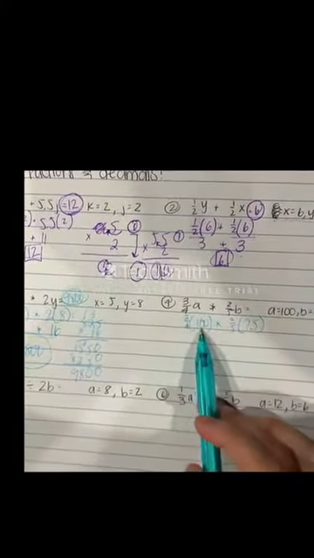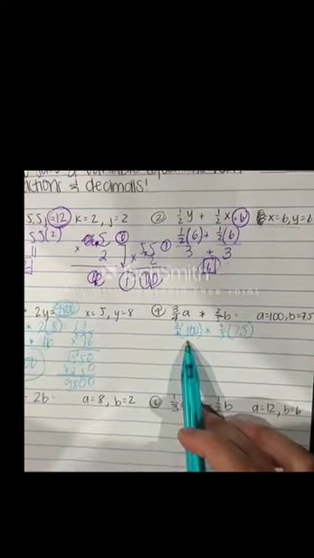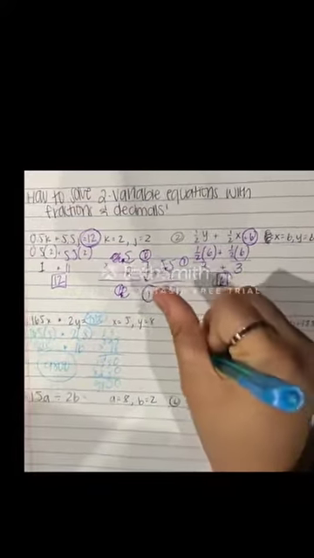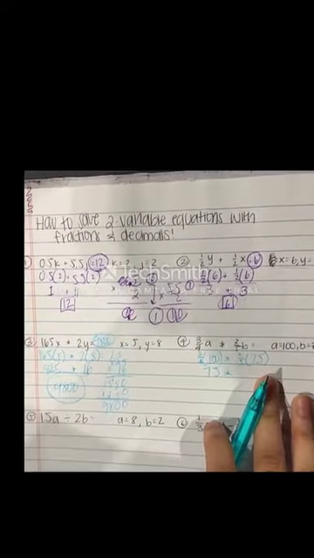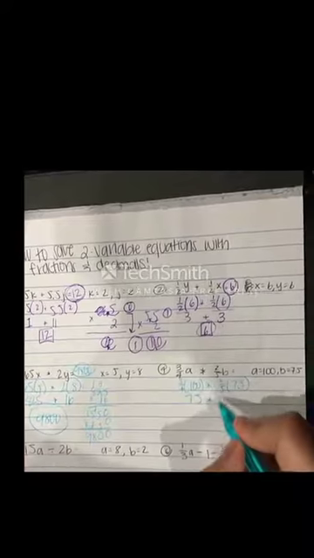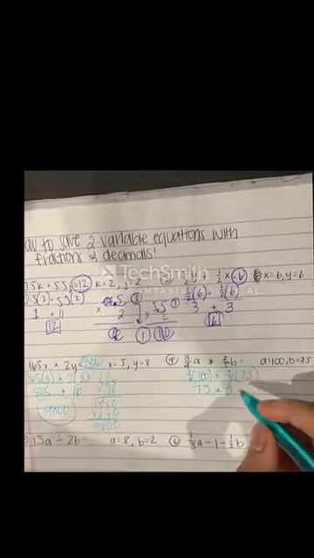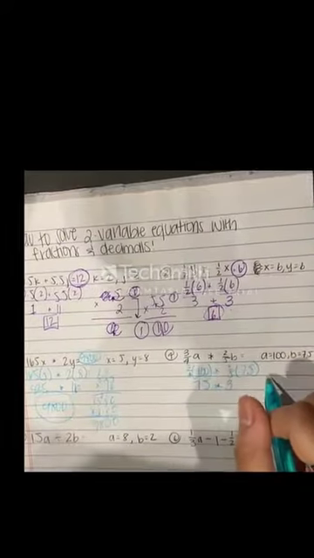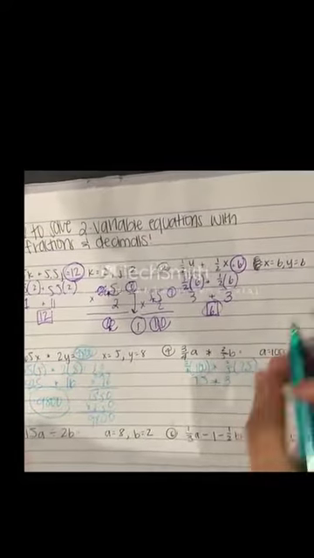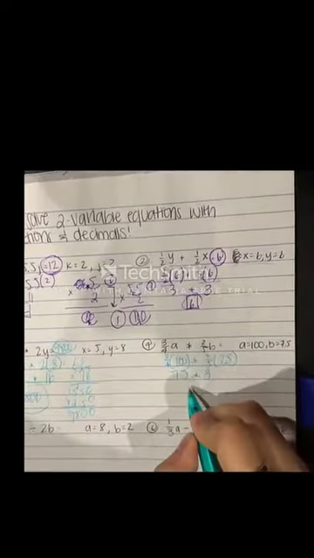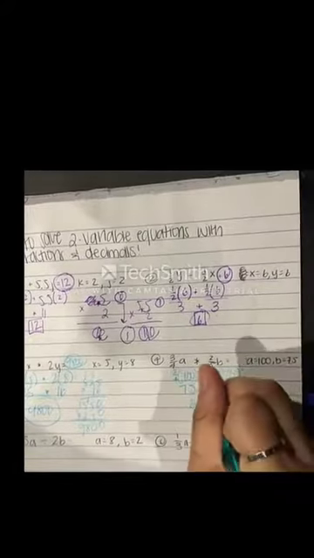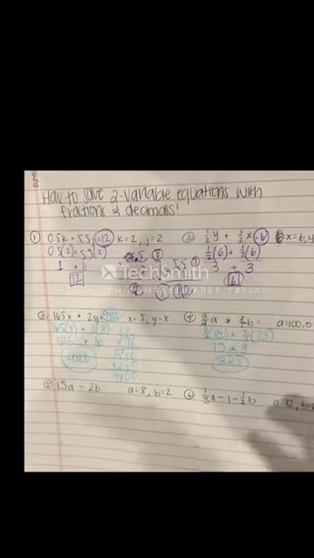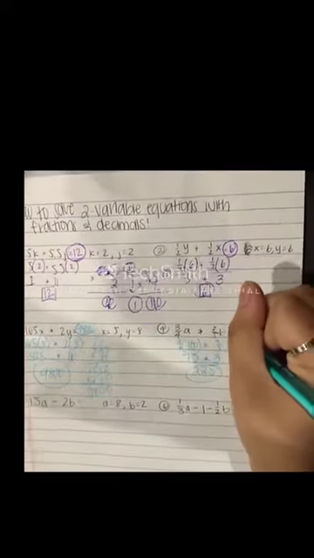So 3/4 times 100 is 75, and then 2/5 times 7.5 is 3, and then here we have 75 times 3, and that will equal 225. That is your answer. So you'll get 225 as your answer.